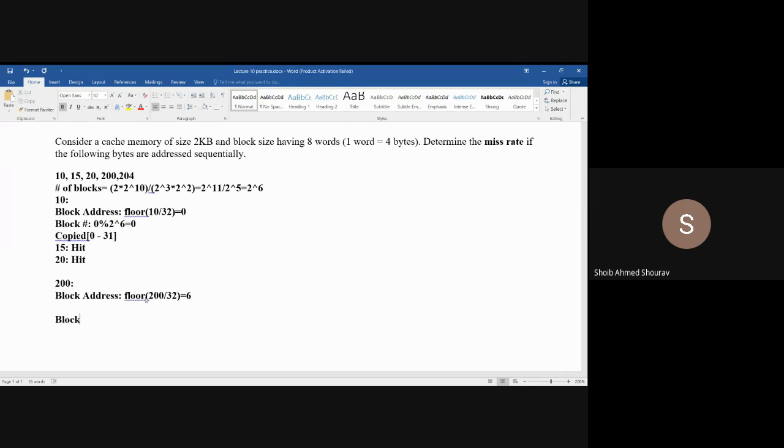So now we have to find out the block number. For that, we do 6 mod 2 to the power 6, which will be 6 again, right? So what will be copied here?